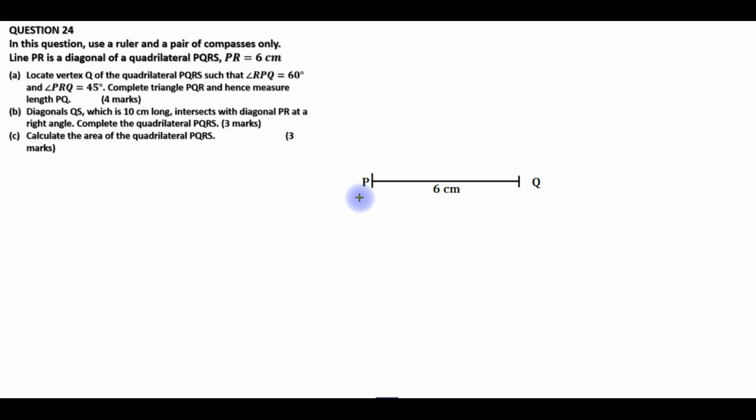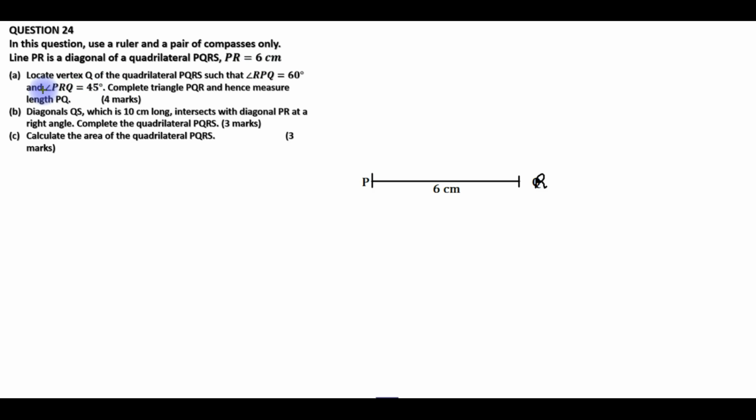Line PR, so this is actually PR, not Q. So PR is 6 centimeters. We are required to locate PR as the diagonal of a quadrilateral PQRS, and PR is 6 centimeters.